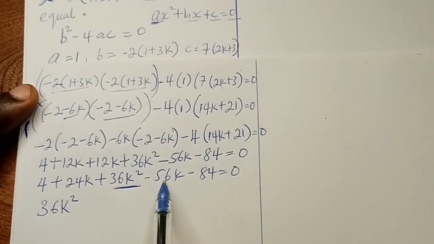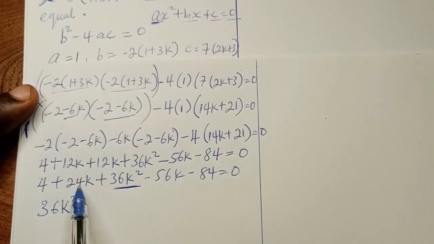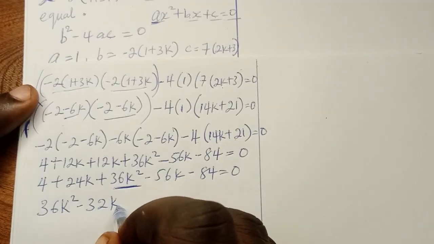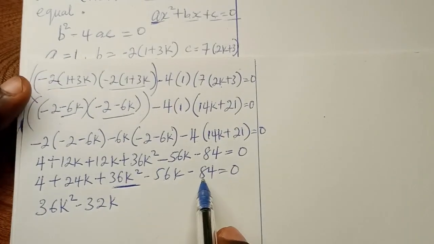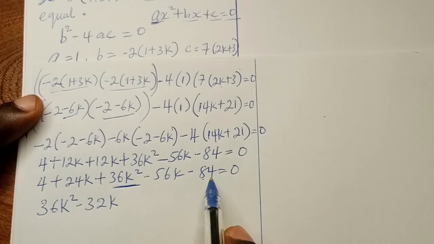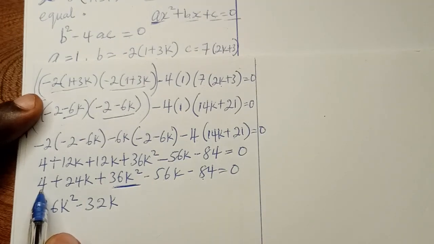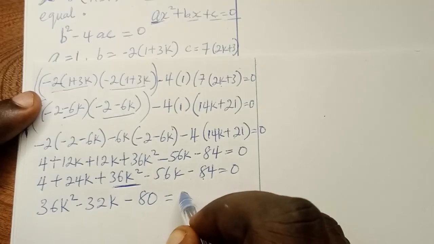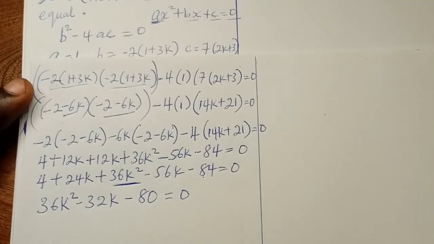Then the next, like the x in it, we are going to rearrange: minus 56k plus 24k is going to give us minus 32k. Now let's put the constant. Minus 84 plus 4 is minus 80, is equal to 0. Now we have arranged that.